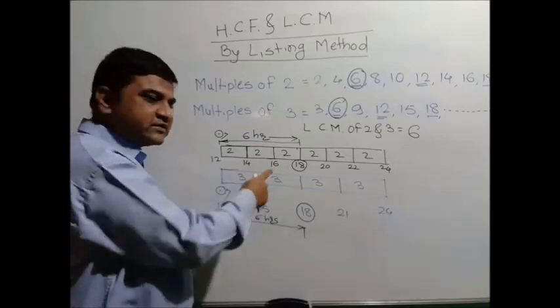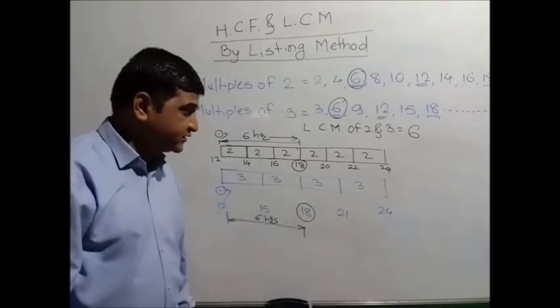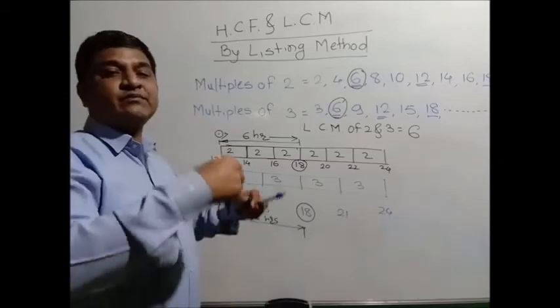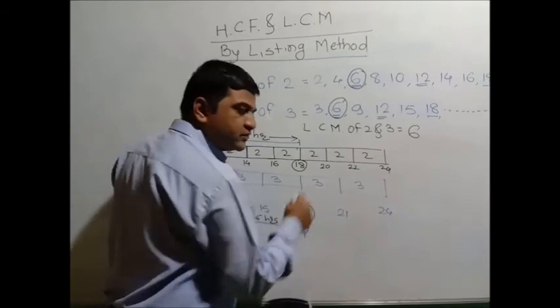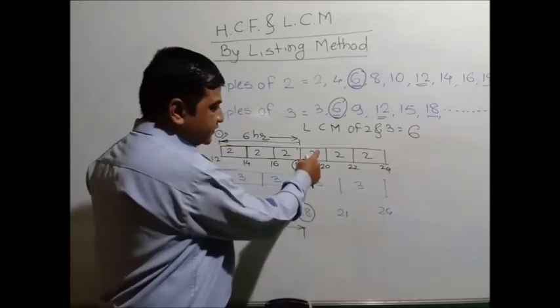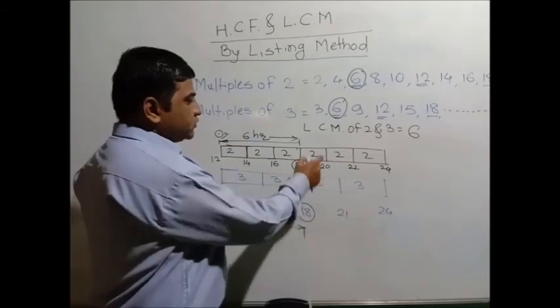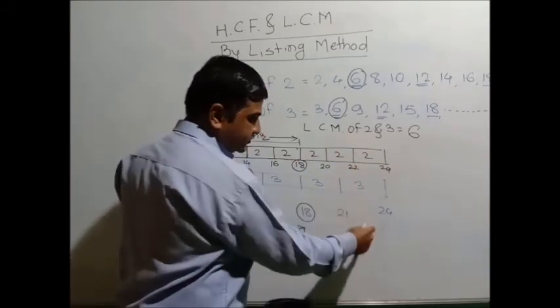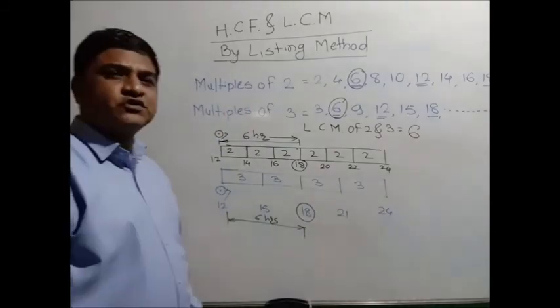At 18 and 18 they ring simultaneously again. Again, after a gap of 6 hours, 2 plus 2 plus 2 and 3 plus 3, that is 6, they ring together at midnight, 12 hours or 00 hours.